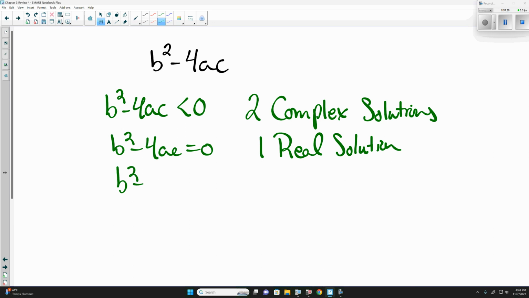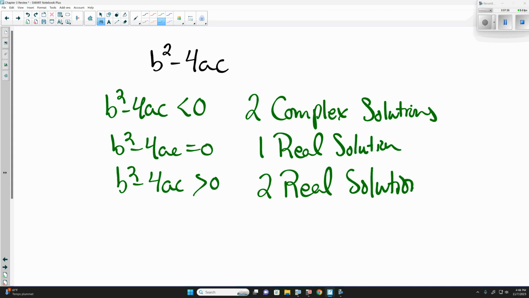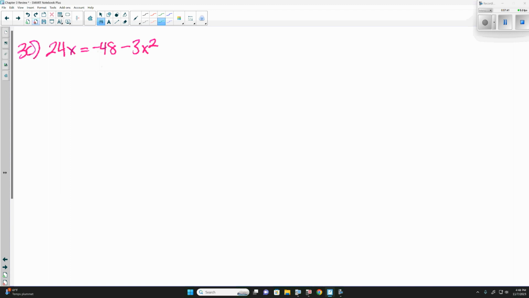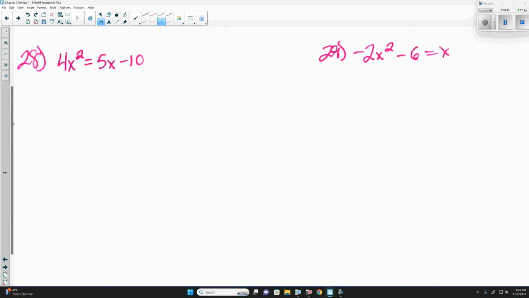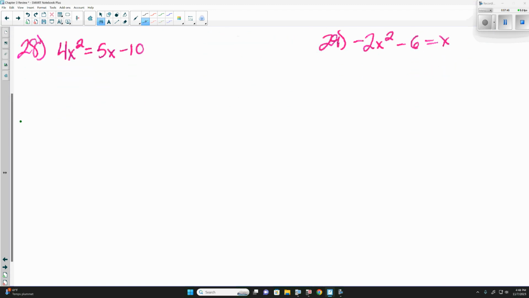And if b squared minus 4ac is greater than 0, we have two real solutions. So we have one of these three setups, and it's going to be determined based off the value of our discriminant. One of the first things we need to do to find the value of the discriminant is we need to make sure this thing is equal to 0. Doesn't matter how we do it.